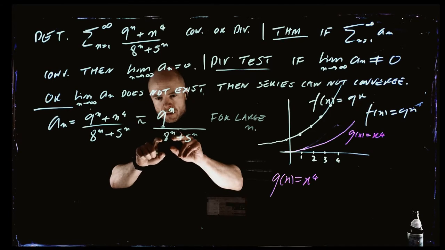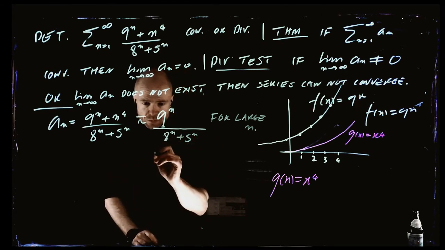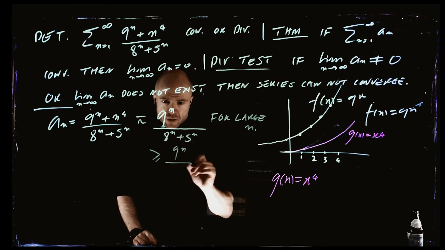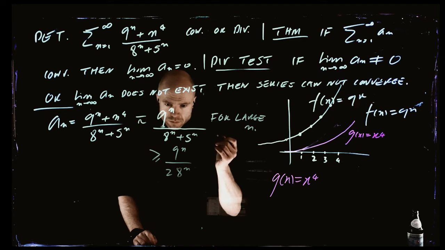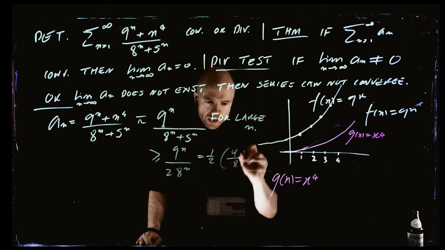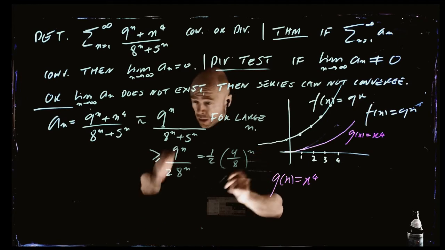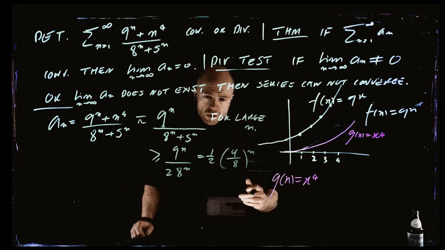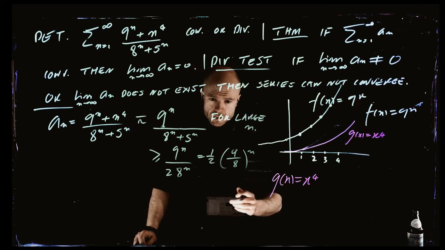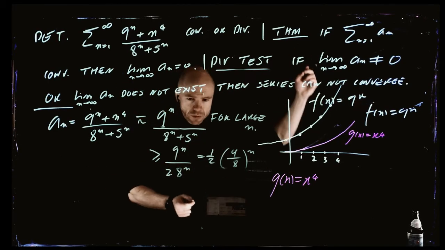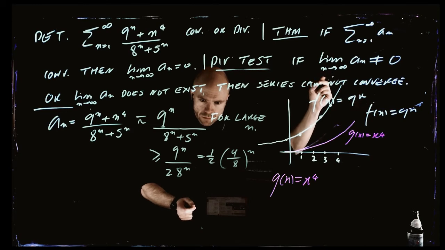So this thing right here is bigger than or equal to 9 to the n over 2 times 8 to the n, which is a half of 9 over 8 to the n, which is blowing up. So this thing is blowing up more and more towards infinity. So what we'd expect is that this cannot converge because not only are the step sizes not going to 0, they're actually blowing up to infinity. Is that making sense?